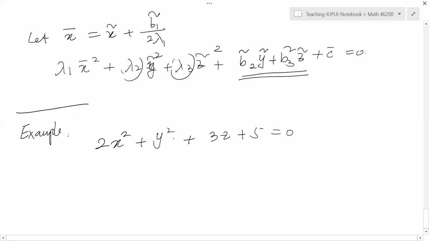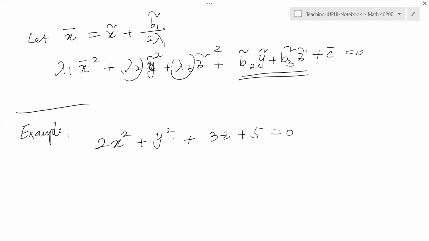So you cannot get rid of the linear term. It cannot be simplified further.